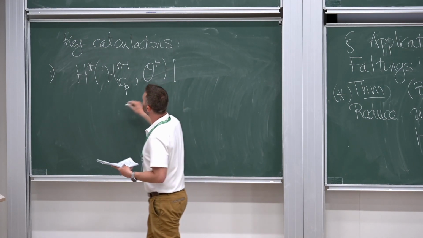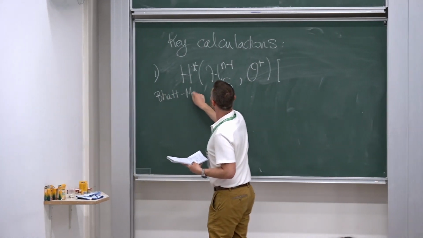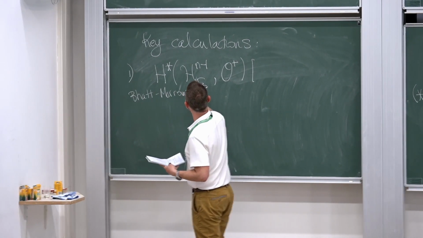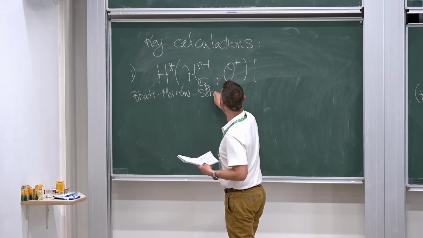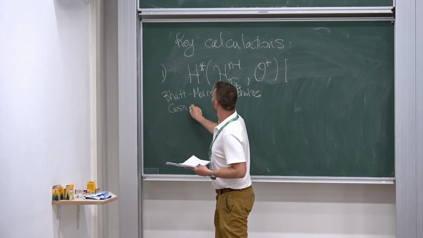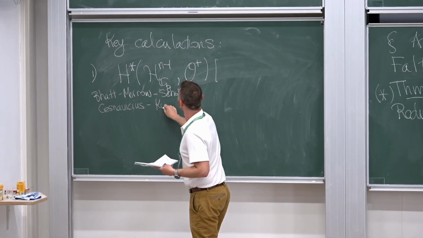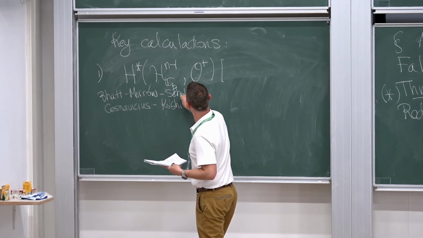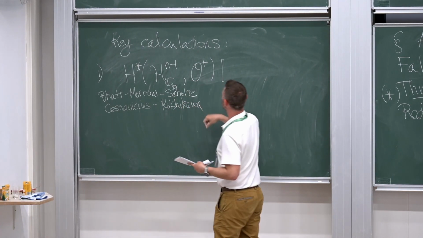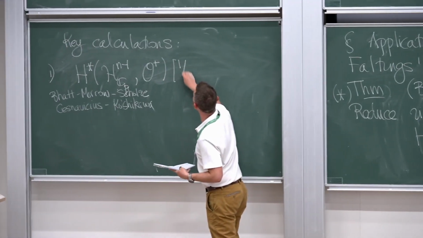Those tools come from the work on integral p-adic Hodge theory of Bhatt-Morrow-Scholze, and its extension to the semi-stable case offered by Česnavičius-Koshikawa. Okay, we would not be able to do this material without those contributions.